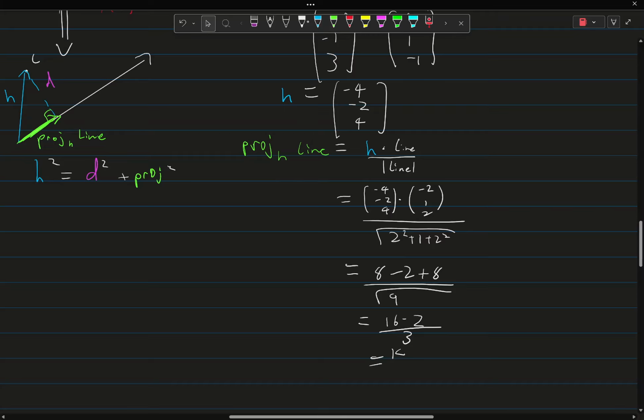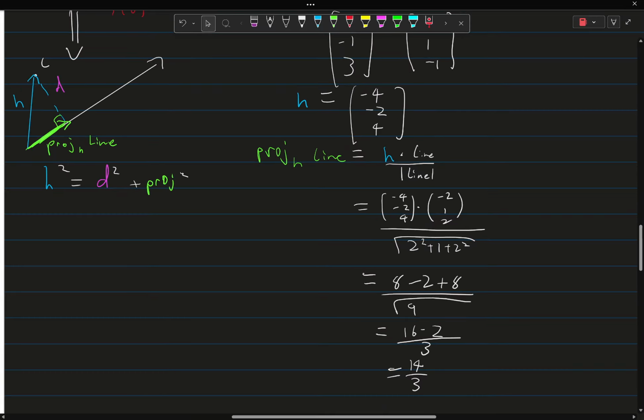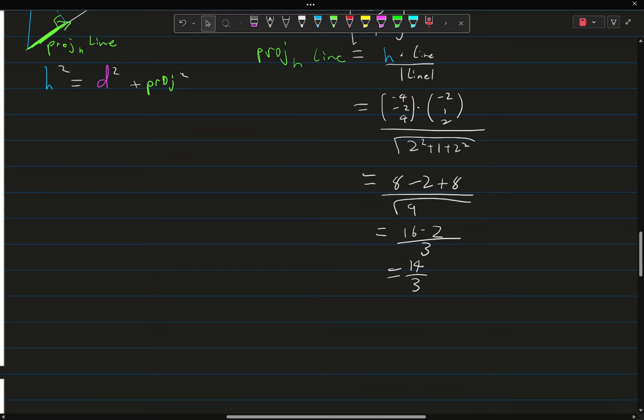So we have 14 over 3. That is the magnitude of the projection onto the line. So the magnitude is 14 over 3.